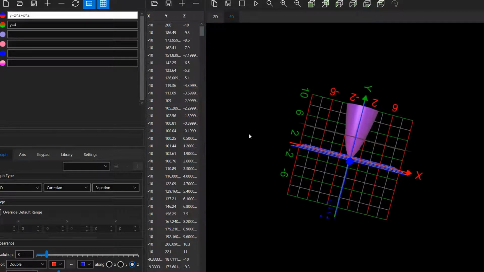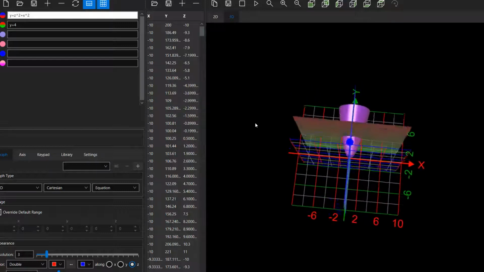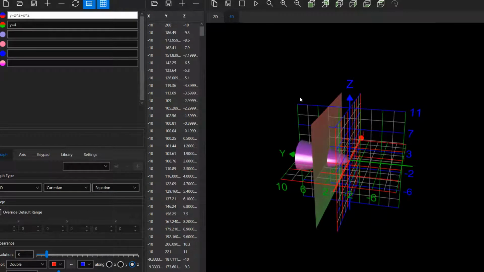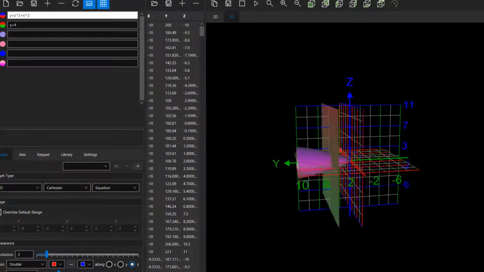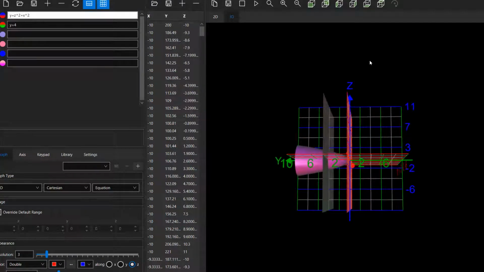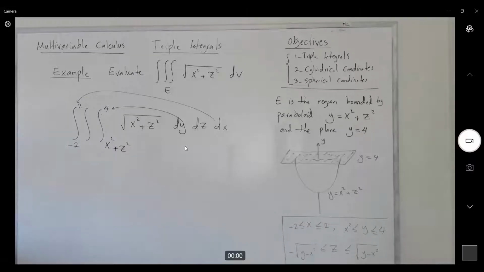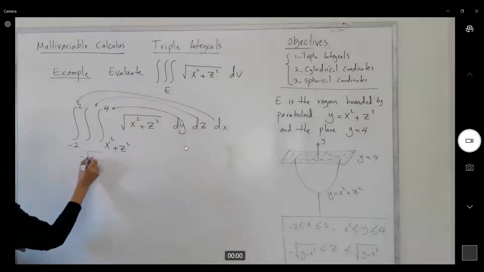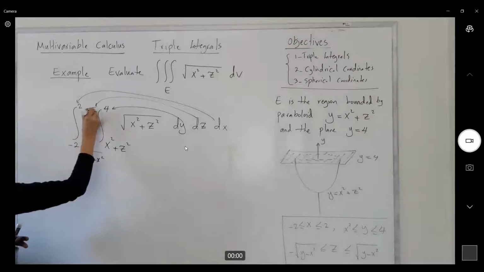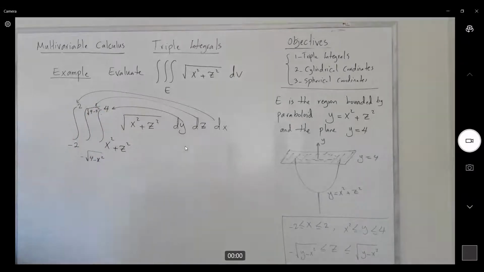So now your z is bounded between negative square root of 4 minus x squared and positive square root of 4 minus x squared. Let us take the integral.